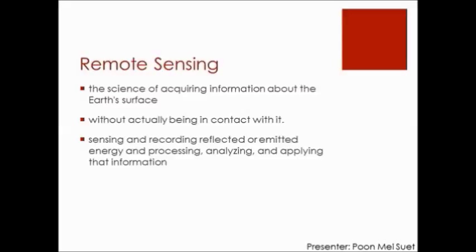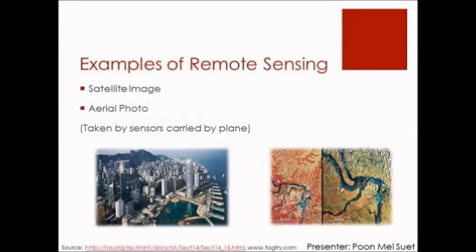The process includes using a sensor to sense and record the reflected energy of target objects. Then, we process and analyze the data of reflected energy to get the information. Satellite images and aerial photos are two examples of remote sensing. These images record the reflectance of energy.